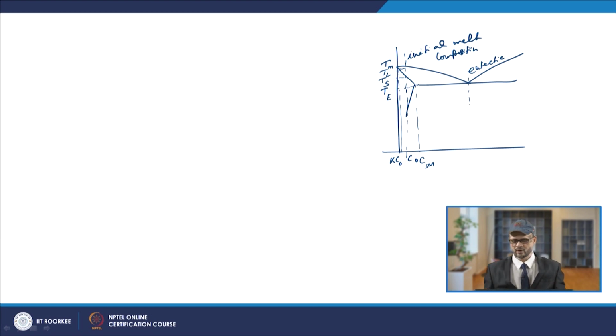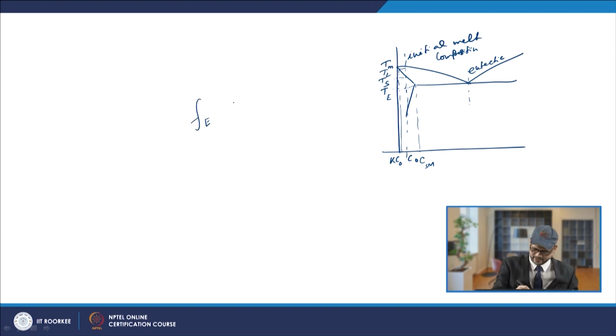So, at this eutectic point the solid comes as CSM, and the liquid composition becomes CE. Then after this point it will be formed as the solid eutectic. The fraction of the eutectic which can be formed can be calculated as indicated earlier.